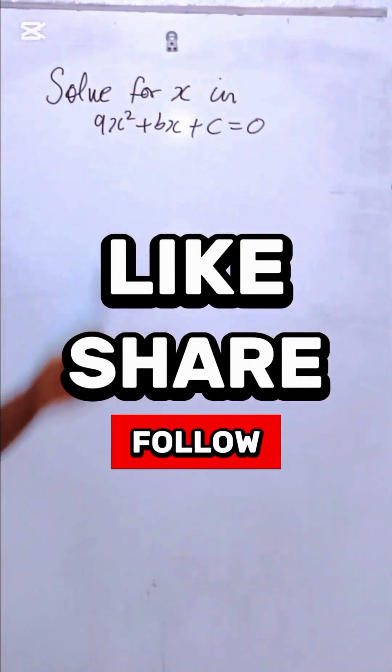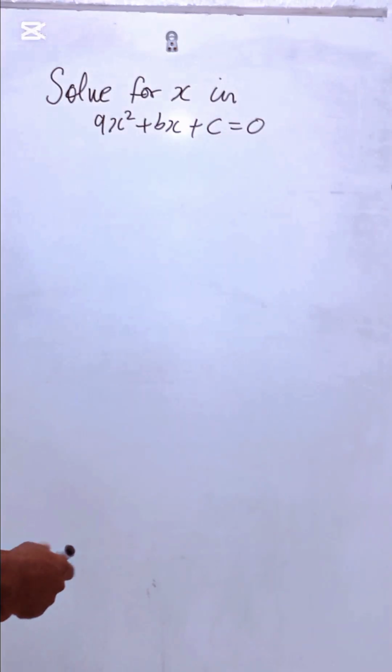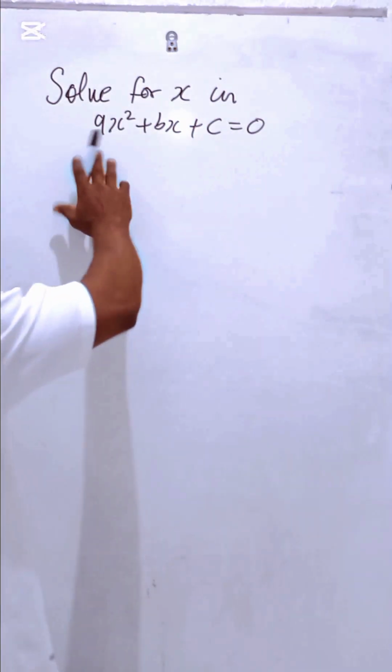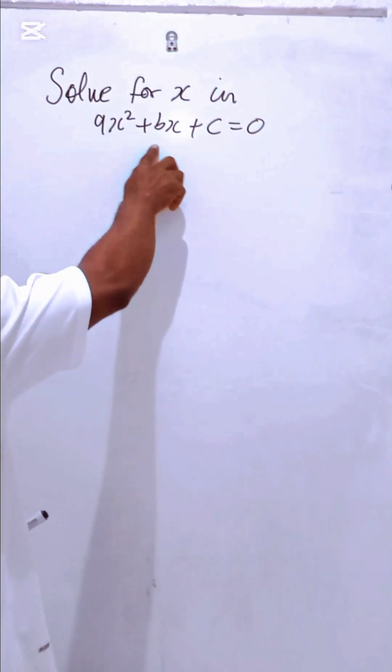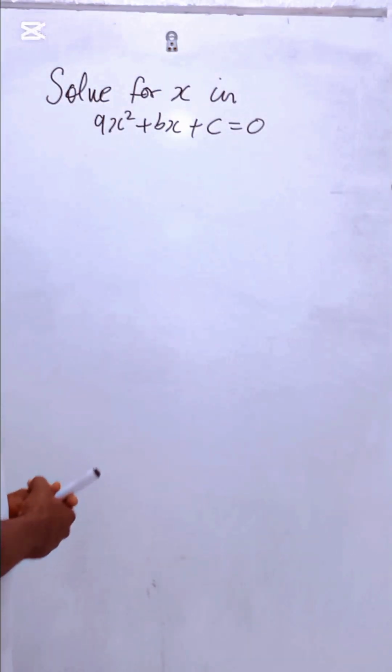In the question on the board, we are asked to solve for x in the expression ax squared plus bx plus c equal to 0.